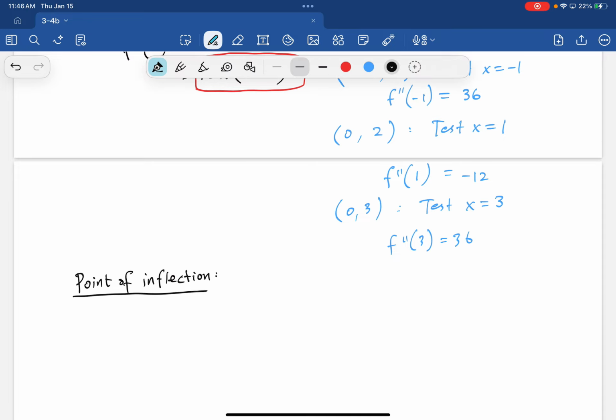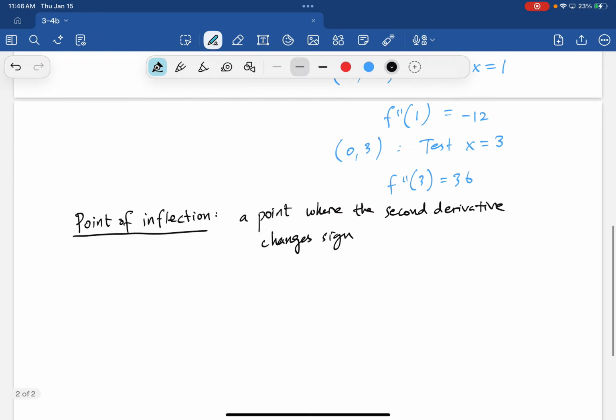A point of inflection is specifically defined as a point where the second derivative changes sign. So it has to go from either positive to negative or negative to positive. That's a little different from critical numbers, because even if the second derivative equals 0, that doesn't mean it's a point of inflection.